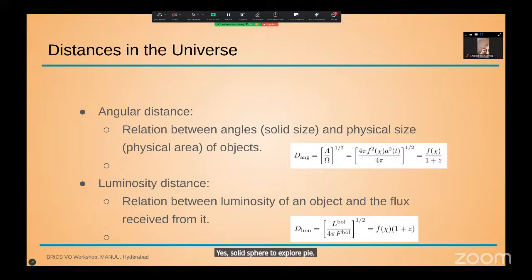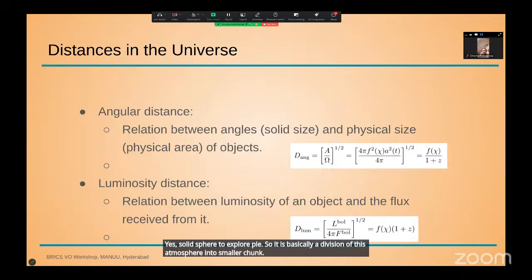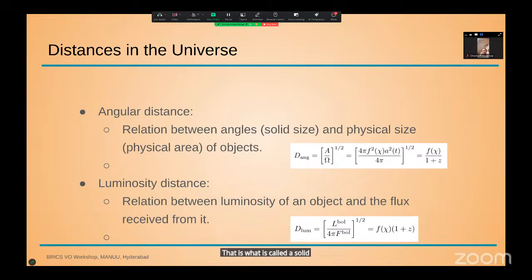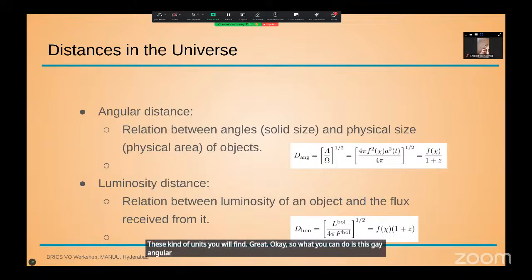It is basically a division of the entire sphere into smaller chunks. That is what is called a solid angle. It's measured in steradians or square degrees or square arc minutes. So what you can do is d angular will be the area divided by that solid angle, and the square root of that.